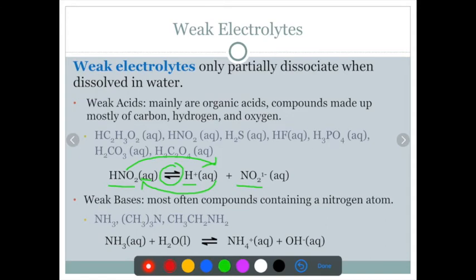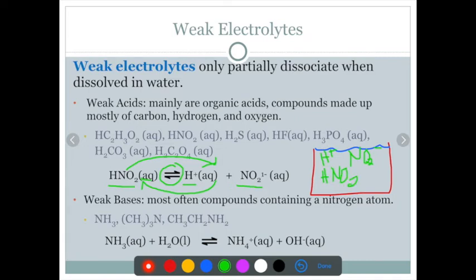So in our beaker, we're going to have all three of those things present: hydrogen ion, nitrite ion, and then HNO2 all together.